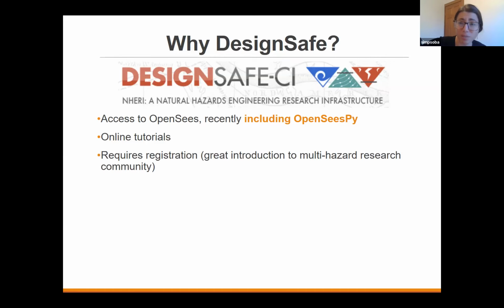And the part that I like the most is if you have your students use the Python and Jupyter applications on DesignSafe, it requires them to actually register on DesignSafe. That means that they're actually receiving every single email that you receive about the natural hazards community. And so it's a great introduction to many students to the multi-hazard research community. It gets them involved in research, if only through email spam.